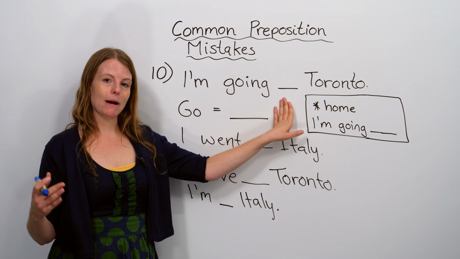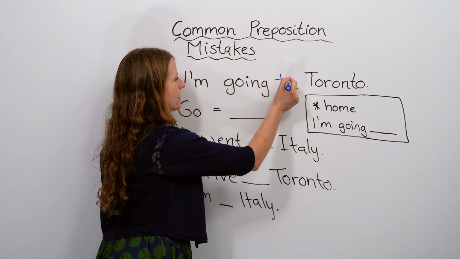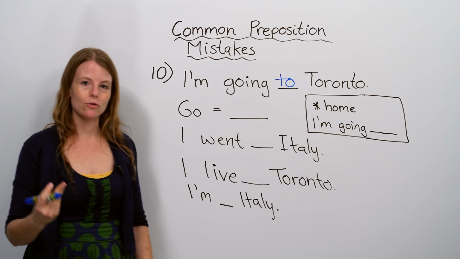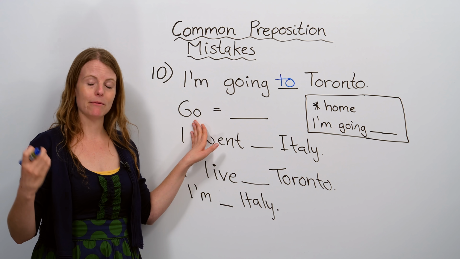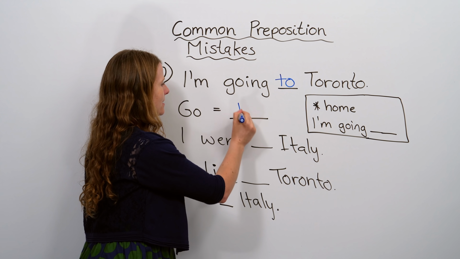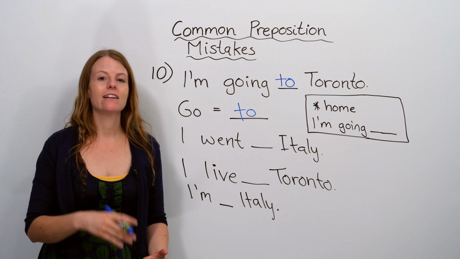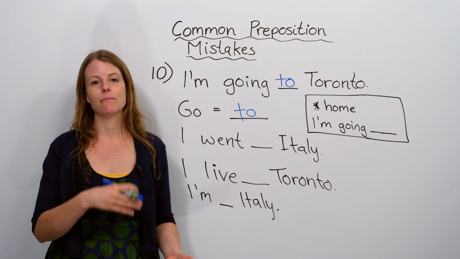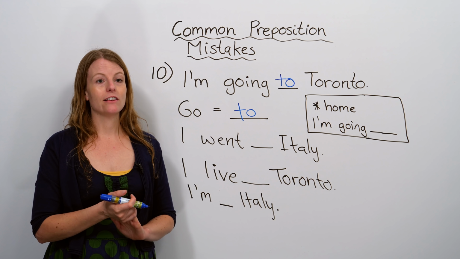I'm going to Toronto. Okay, so after go, we have the preposition to. And it's not just cities or countries. We can also use this with other places as well. I'm going to work. I'm going to the library. I'm going to the shopping mall.